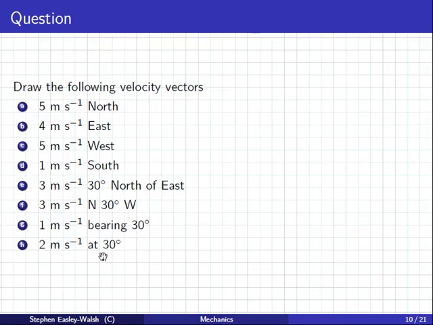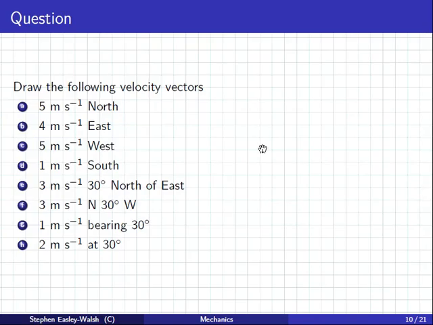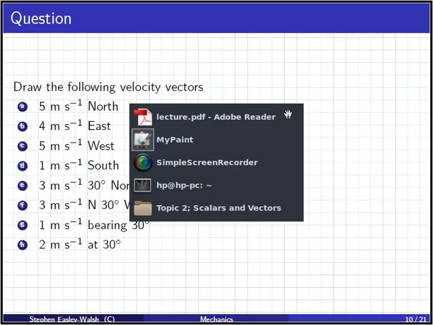And then lastly, 2 meters per second at 30. From which direction? If I don't mention a direction like this, east. Very good, east. So that would be here. How big? 2 would be about that, whatever.